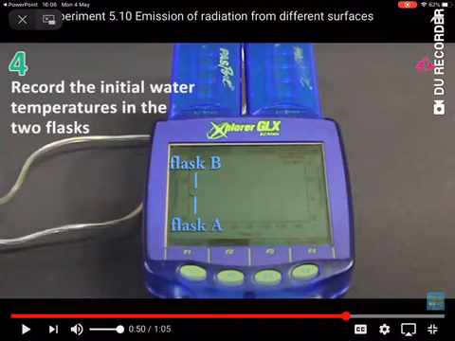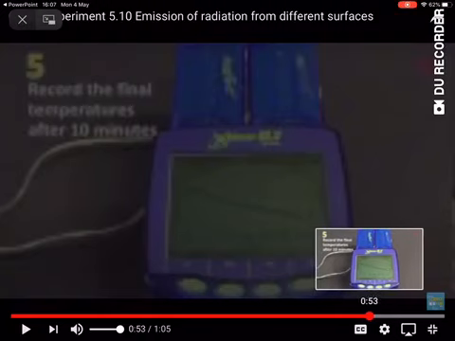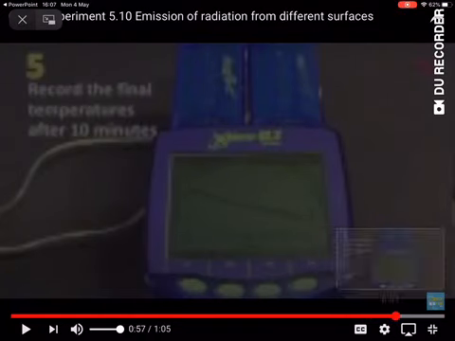The moment you put in the hot water, it starts to give out the heat already. So even though we start off at the same temperature with A and B, we see the difference at the very beginning, because it's giving out a lot more heat, emitting heat. Use the word emit, so it's faster to spell.